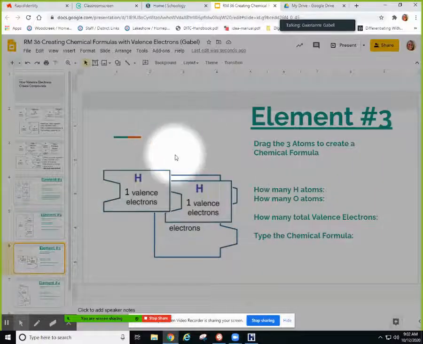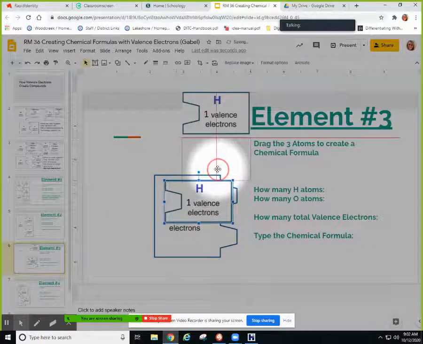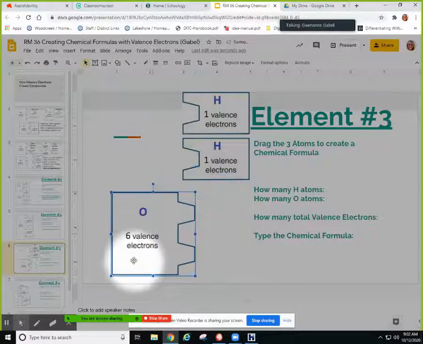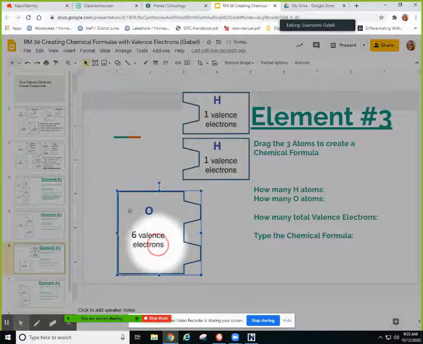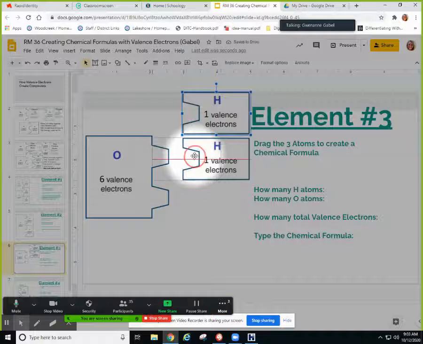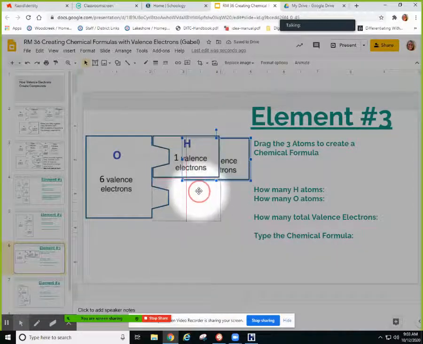Element 3. Okay, so we got a lot of nonmetals here. So we have 2 atoms of hydrogen, and we have 1 atom of oxygen. Water is a weird one. So we're making H2O right here. Hydrogen, hydrogen.